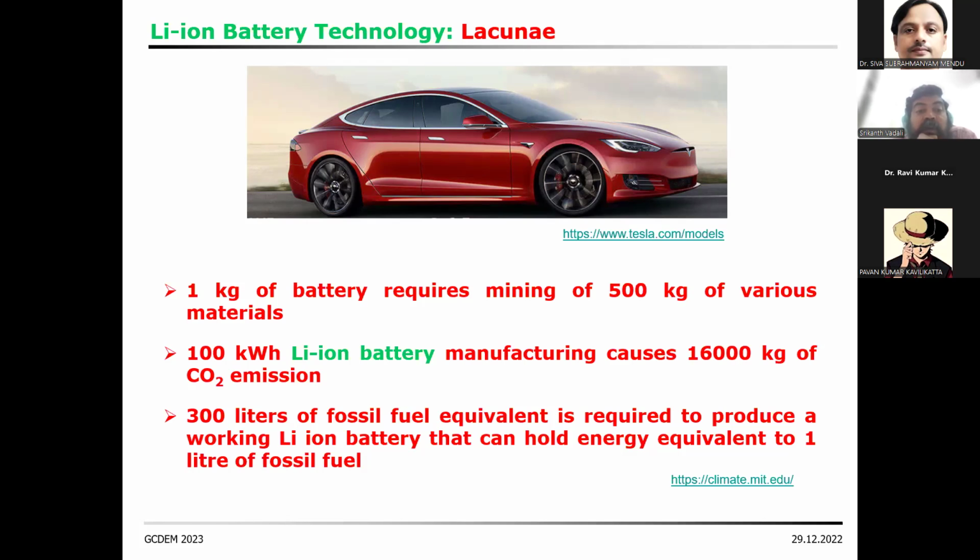What you are doing is spending 300 liters of fossil fuel equivalent and making a battery which can only store energy equivalent to 1 liter of fossil fuel.